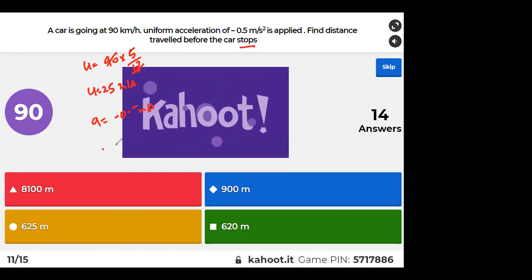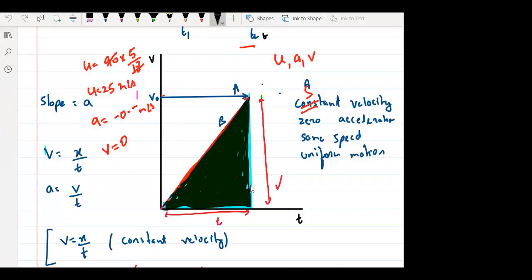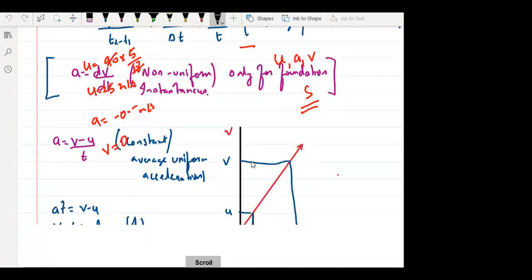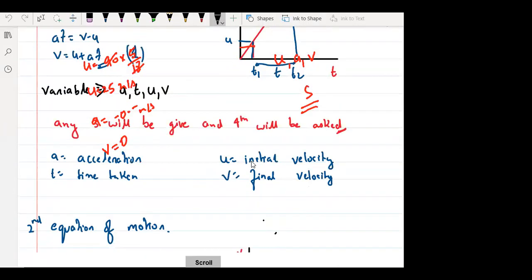When the car stops, v will be 0. Now tell me, what is given? u is given, a is given, v is given. And you have to find s. Which equation of motion will we be using? Tell me, which equation of motion will I use? I hope all of you remember.